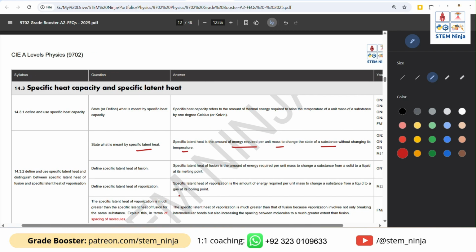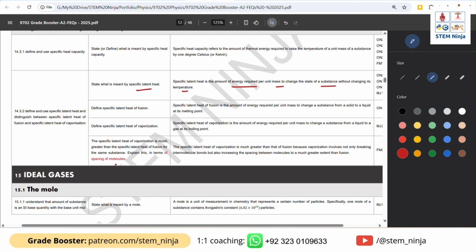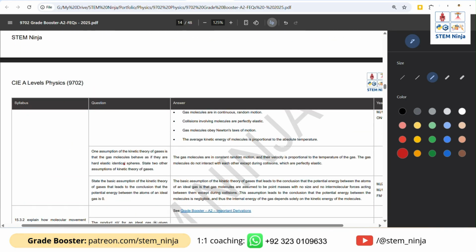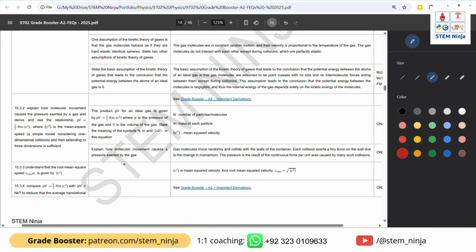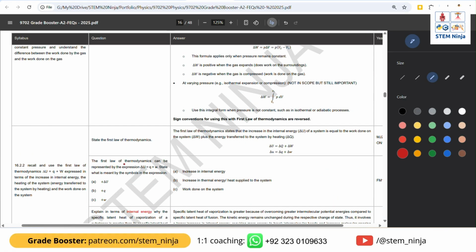The other one, specific latent heat of vaporization, is greater than the specific latent heat of fusion. Now, there are two ways the question could be asked: in terms of spacing of molecules, and there was another way which we wrote somewhere below, with reference to internal energy.